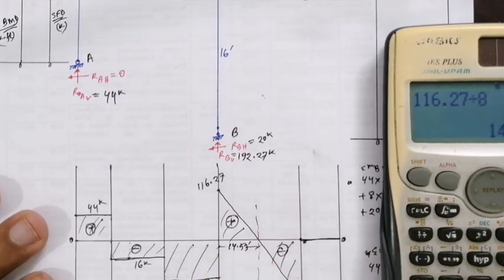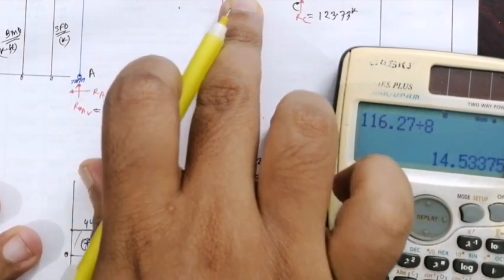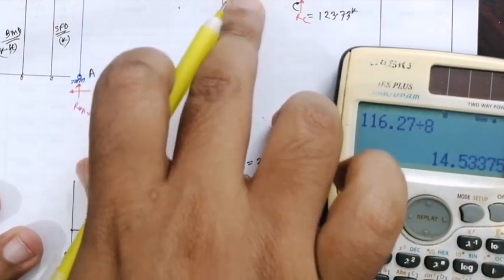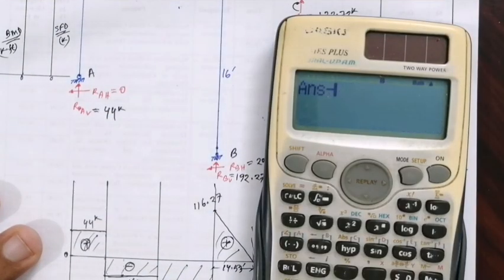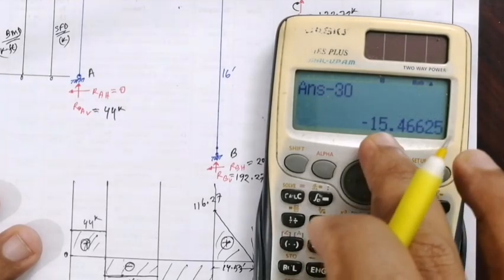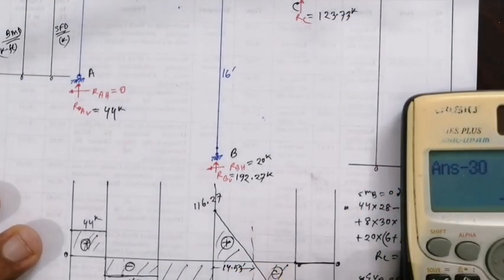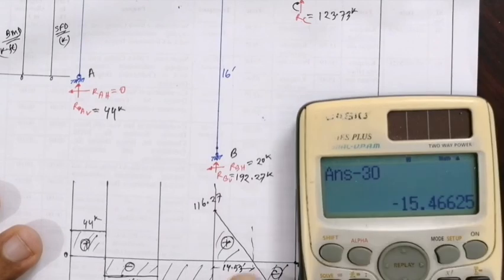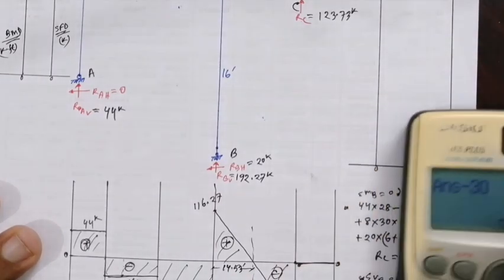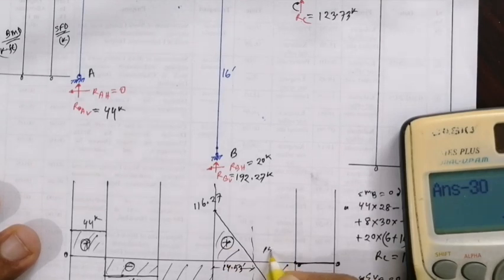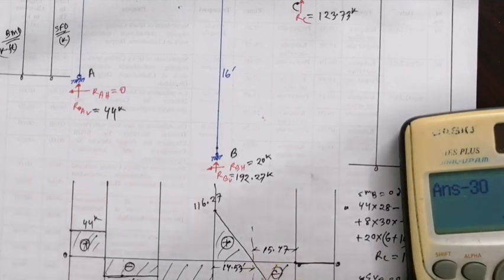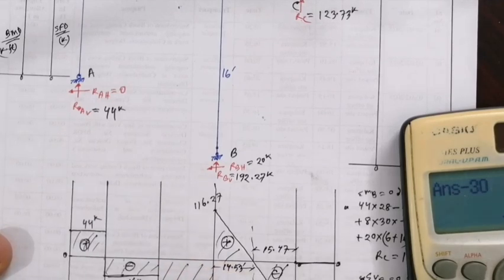And this distance we get by subtracting from 30: 15.47 feet. This is required for our moment calculation by the area method.